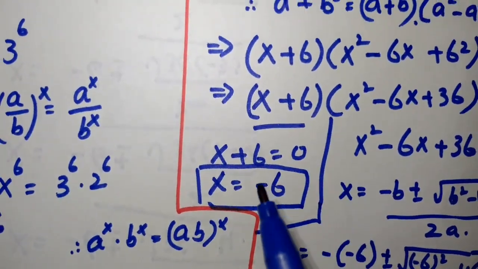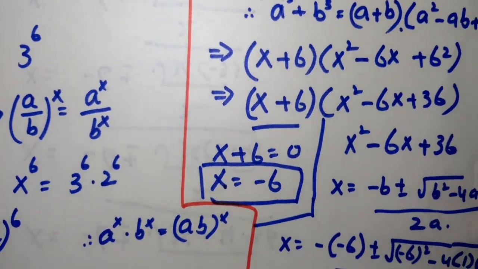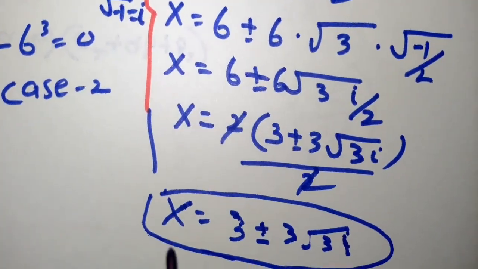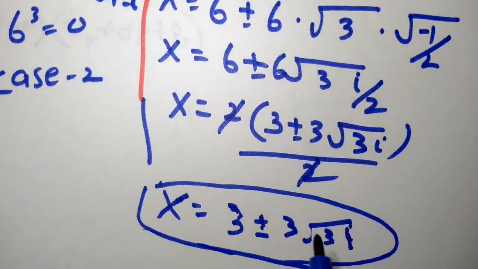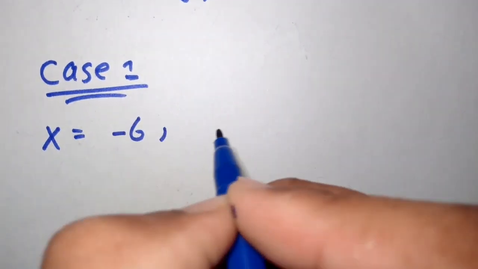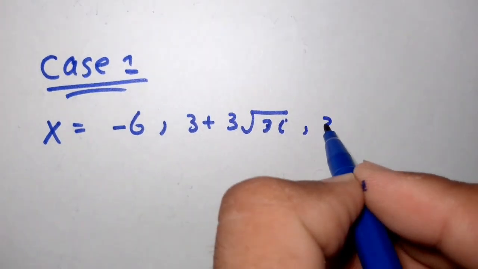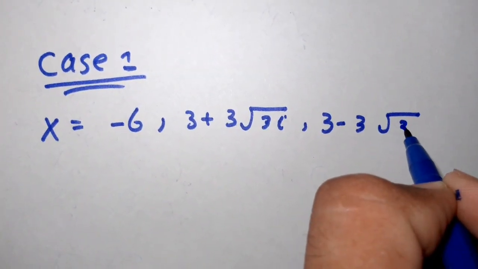Now from case 1, the one value of x is minus 6, and the other values are 3 plus 3 square root of 3i and 3 minus 3 square root of 3i.